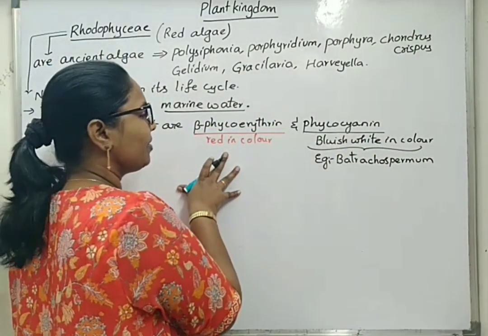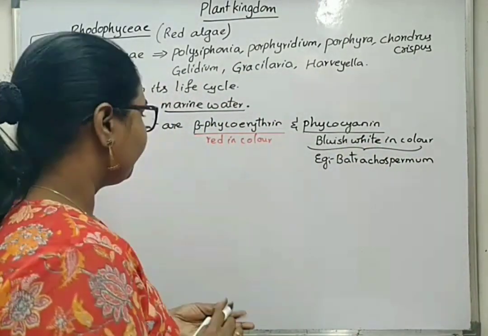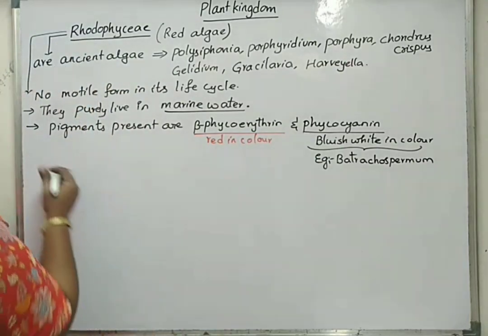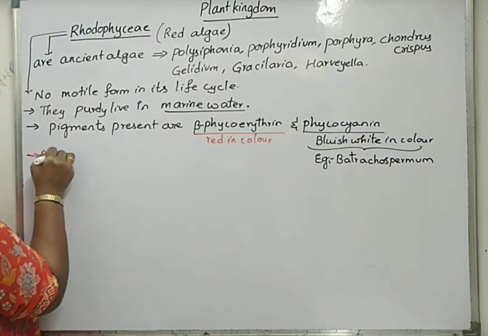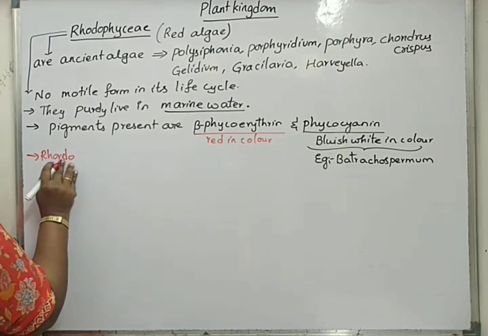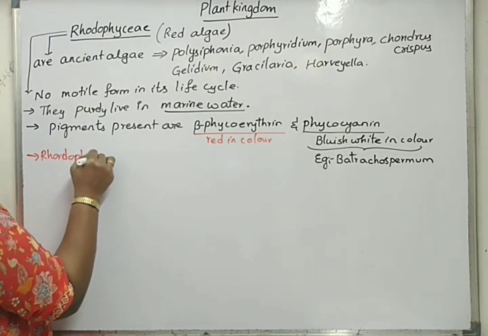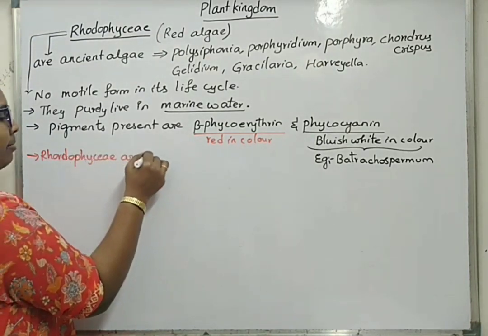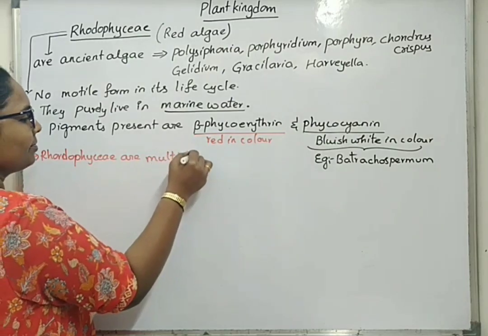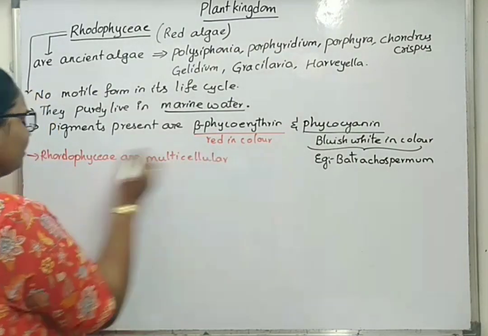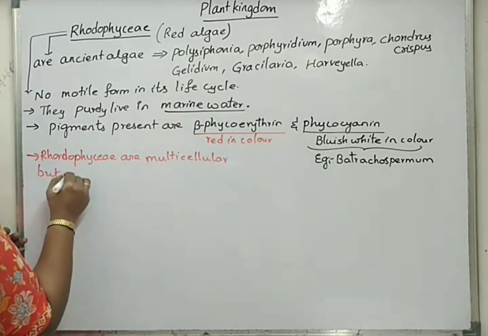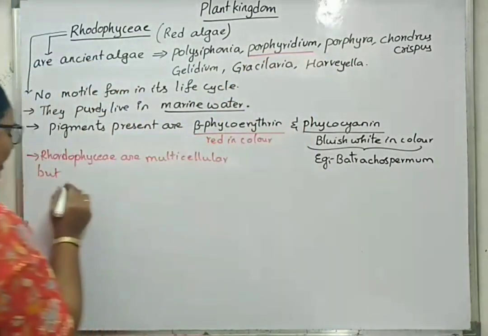Rhodophyceae members are multicellular, but Porphyridium is unicellular.